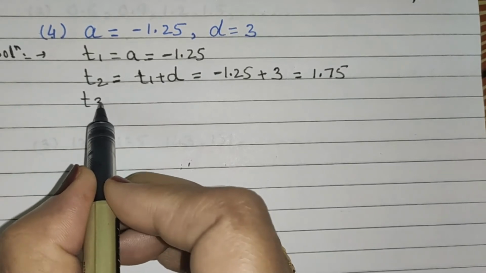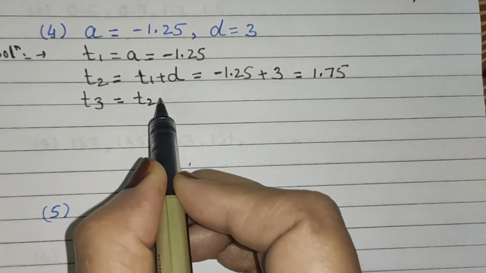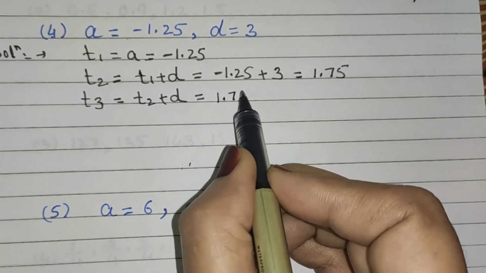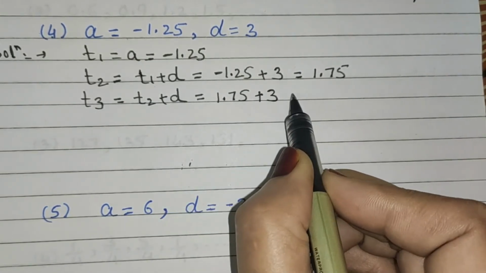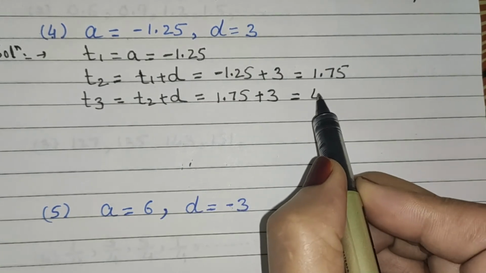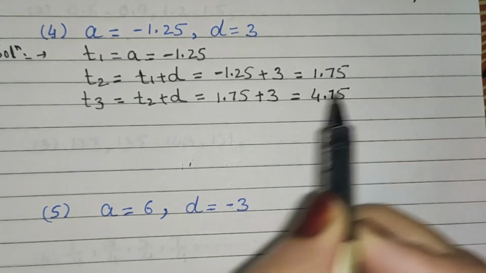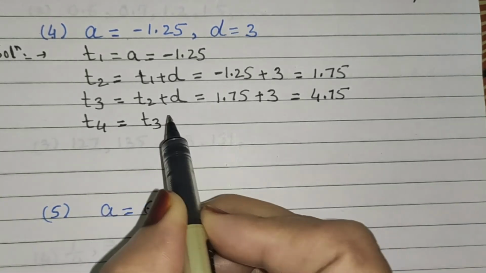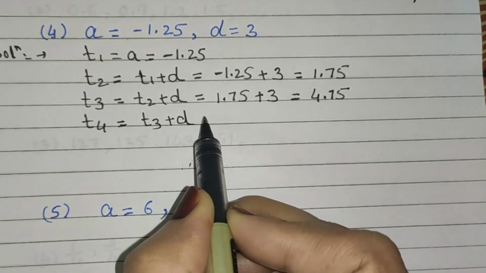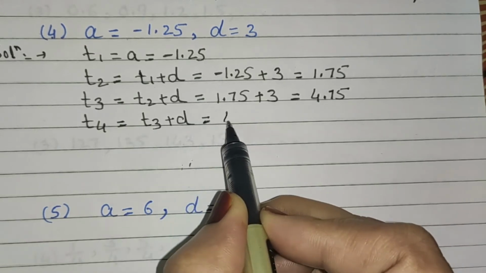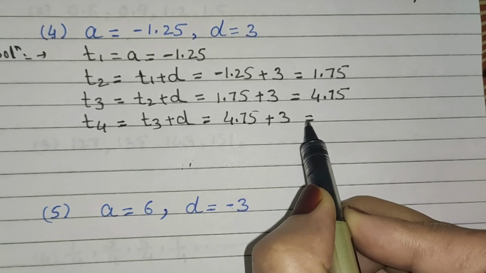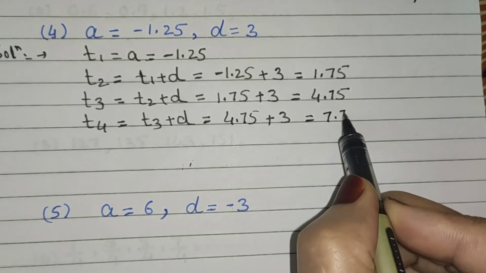Now the next, T3 is equal to T2 plus D. Now the value of T2 is 1.75 plus 3. Solve it. We get 4.75. Next, T4 is equal to T3 plus D. T3 is 4.75 plus 3, which is equal to 7.75.